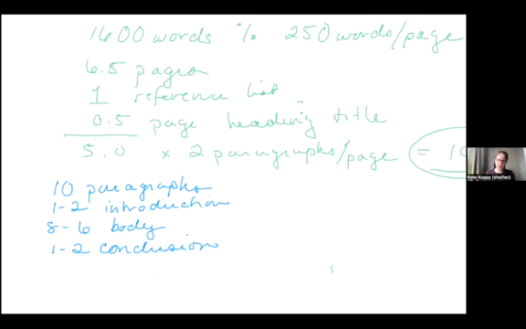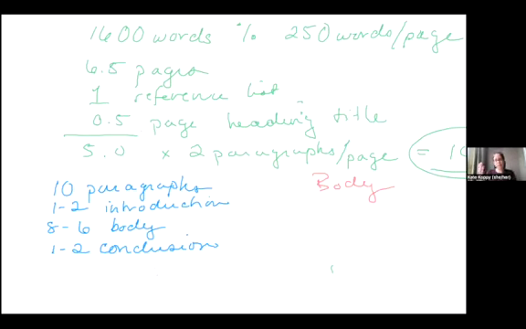So I want to amplify this section of the body because that's where you're really going to be making your argument. So let's think about what goes in the body section. The body here is just not the introduction and not the conclusion.